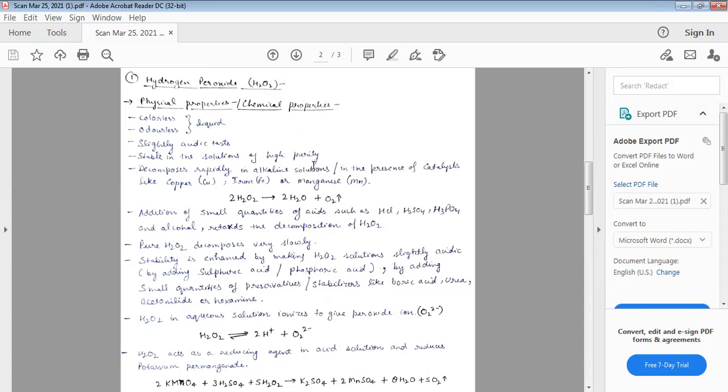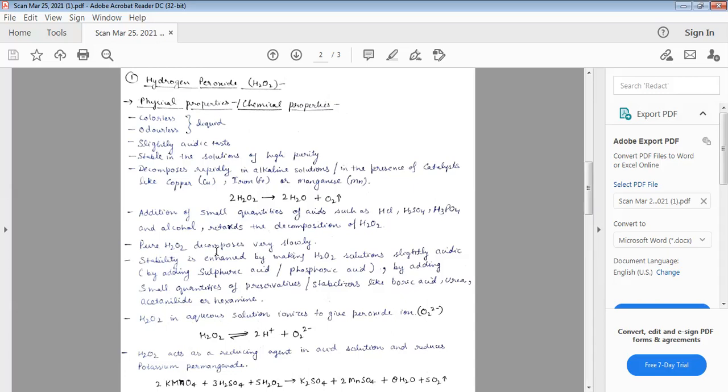Now we shall discuss some of the chemical properties of hydrogen peroxide. Hydrogen peroxide decomposes rapidly in alkaline solutions or in the presence of catalysts like copper, iron, and manganese. Hydrogen peroxide decomposes into water and oxygen. Addition of small quantities of acids like HCl, H2SO4, and H3PO3, as well as alcohol, retards the decomposition of hydrogen peroxide.